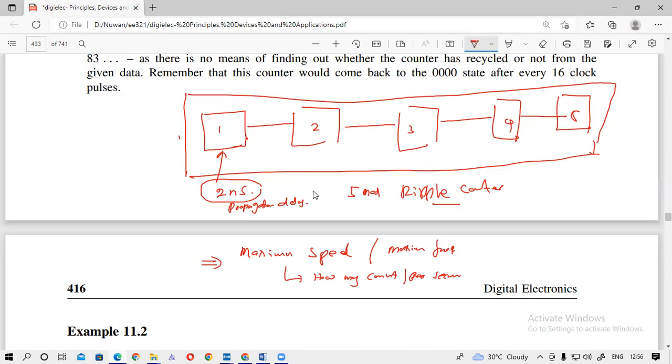Okay. So you can see that the propagation delay is 2 nanosecond. There are 5 flip-flops, so the total propagation delay will be 10 nanosecond.